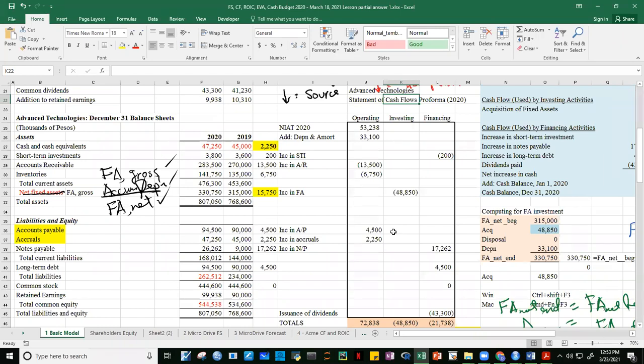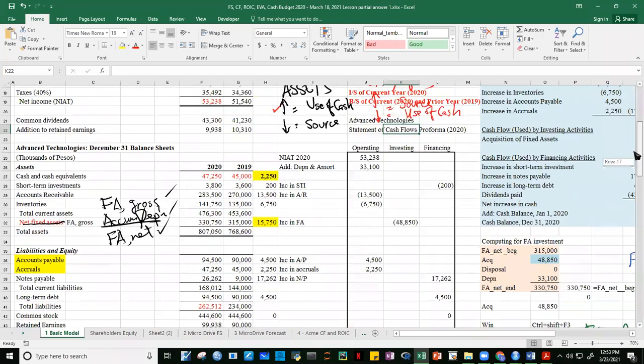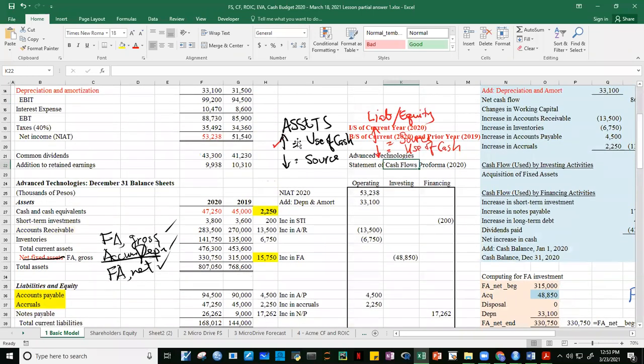We summarized it last time that if an asset increases, it's a use of cash, and if an asset decreases, it's a source of cash. It's just the opposite for liabilities and equity. If a liability or the equity account increases, then it's a source of cash. Otherwise, it's a use of cash.